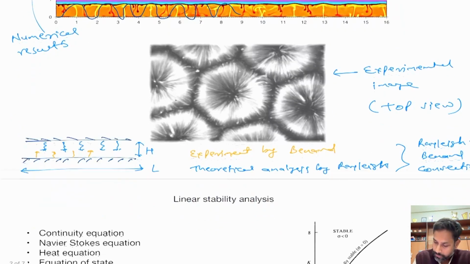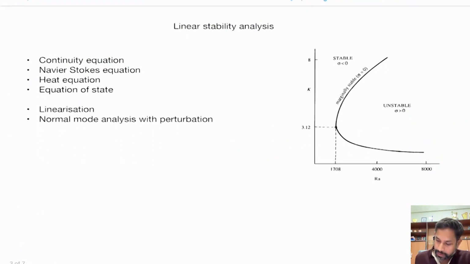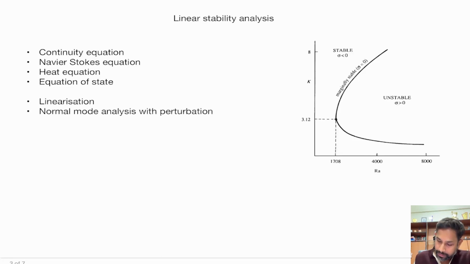Okay, so for theoretical analysis, we obviously start with this set of equations which we have considered before. So one of them is obviously the continuity equation, and then we have the Navier-Stokes equations. In this case we also consider the heat equation because there is heat transfer from the bottom plate to the upper plate, and then linearization and normal mode analysis etc. are done with perturbation.